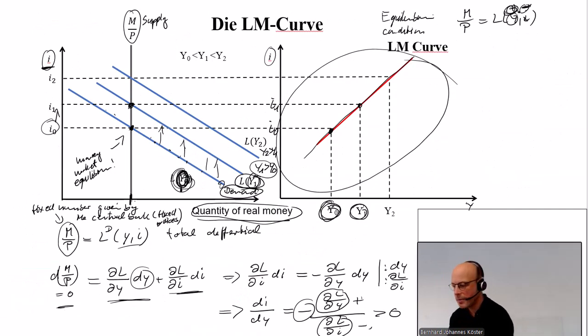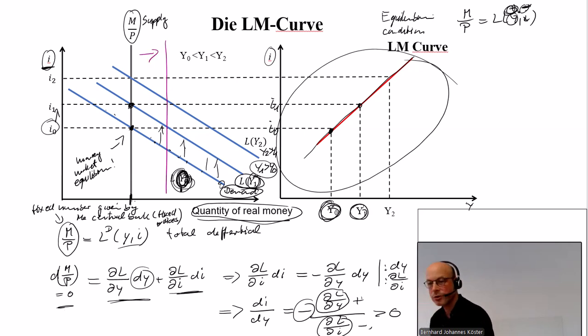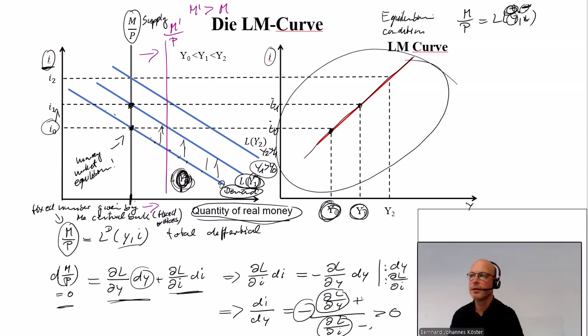This would then mean in the argumentation, let's take this in purple, this shifts to the right, a larger money supply. So if here M prime over P, and M prime is larger than M, this vertical line shifts to the right.